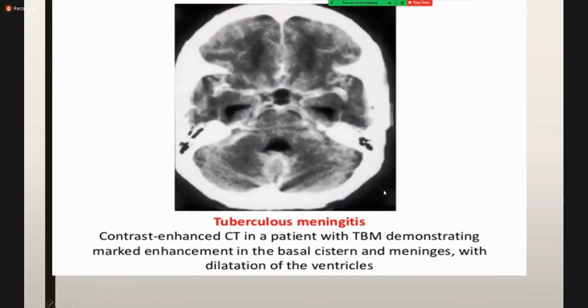And this is the CT scan of the brain, axial view with contrast, in which there is marked enhancement of the basal cisterns, and of the meninges, with dilatation of the ventricles. The temporal horns of the lateral ventricle, the fourth ventricle, and the third ventricle are all dilated. Now this patient is developing TBM with hydrocephalus.